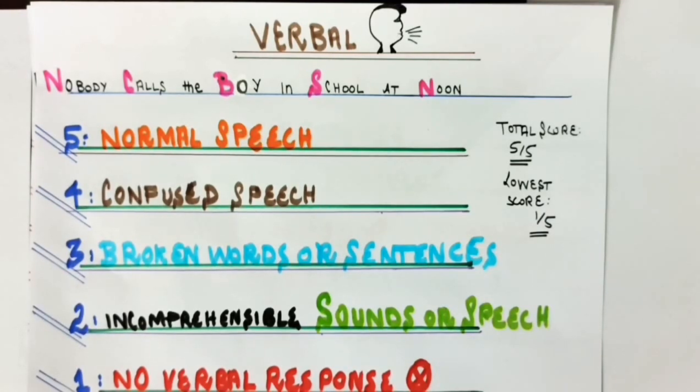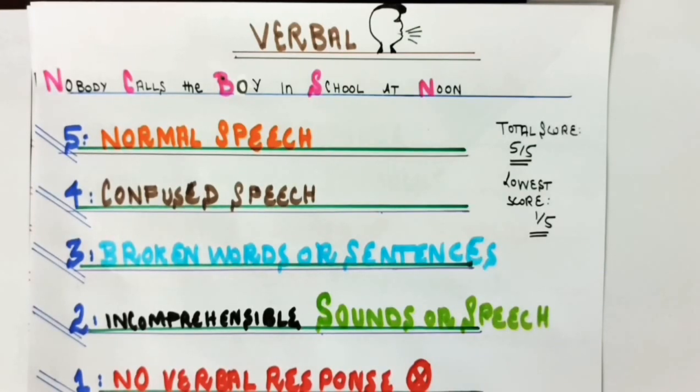So what does a score of 3 by 5 for verbal mean? A score of 3 by 5 for verbal means broken words or sentences. Now, if a patient in a trauma setting is not confused, but is speaking broken words or sentences. If the doctor comes to the patient and asks him his name, or questions him regularly, like what's his name, where is he, what's the time of the day.